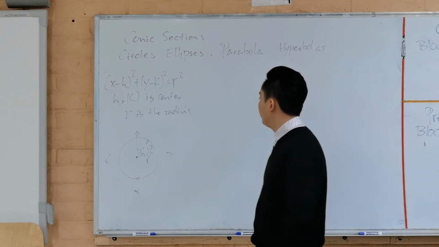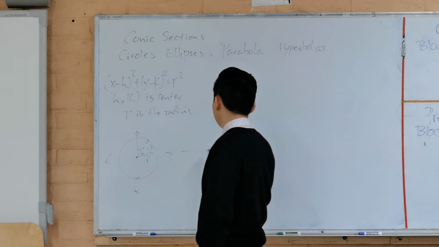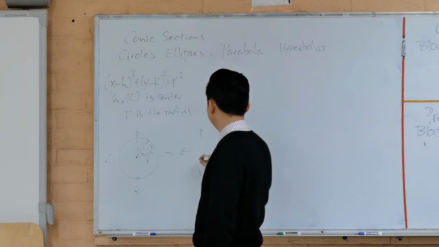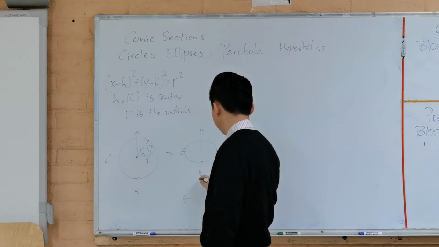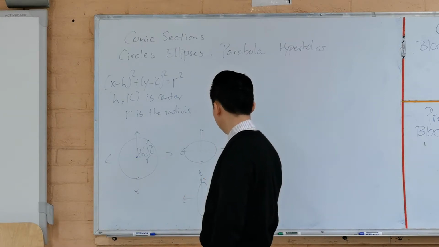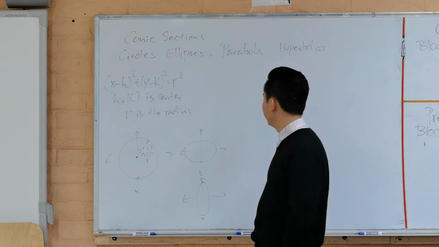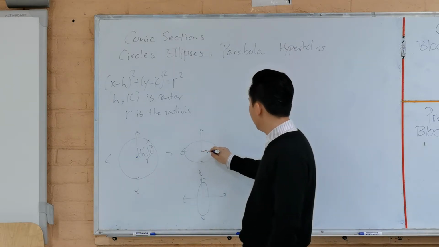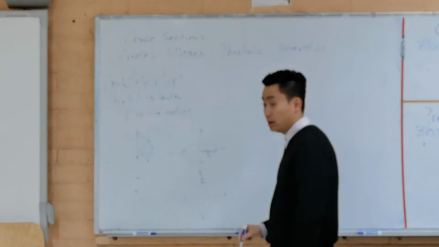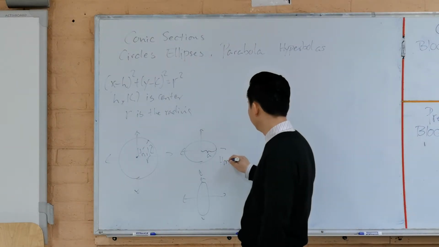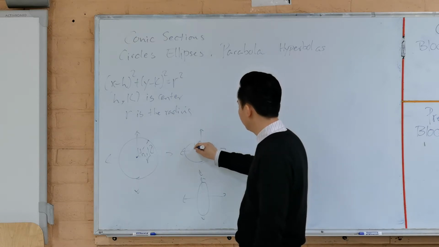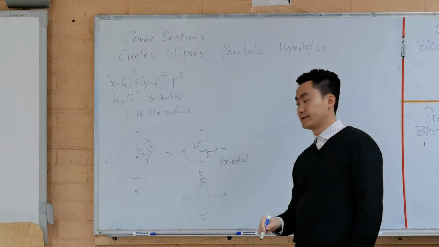So we do have two different types of ellipse. One is considered horizontal, and the other one is considered vertical. So for the horizontal ellipse, as you can see, the major axis is right along the x-axis, so that's why it's horizontal. And then the minor axis is right along the y-axis.